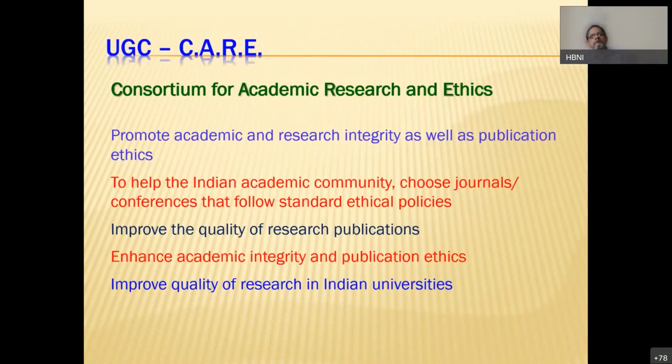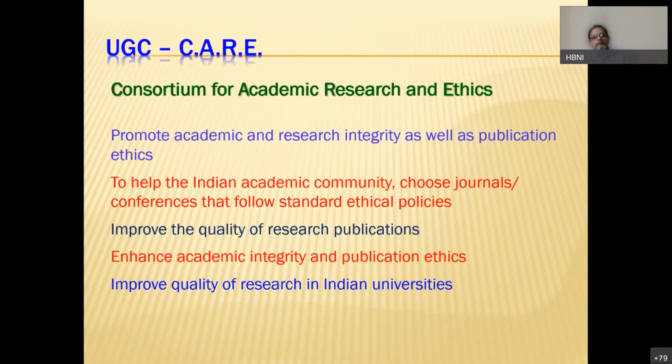So as I said, UGC started this consortium for academic research and ethics, and they initiated this basically to promote academic and research integrity as well as publication ethics among the research students and academia in the Indian higher educational institutions, which basically means academic institutes as well as universities.